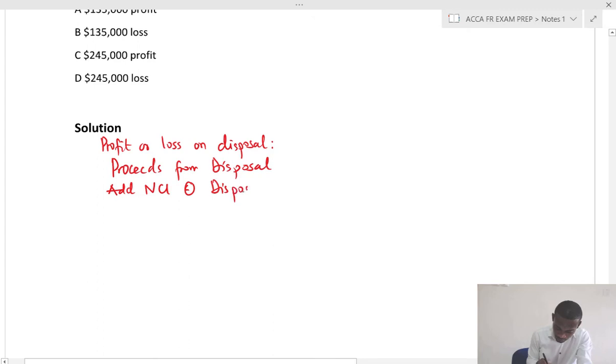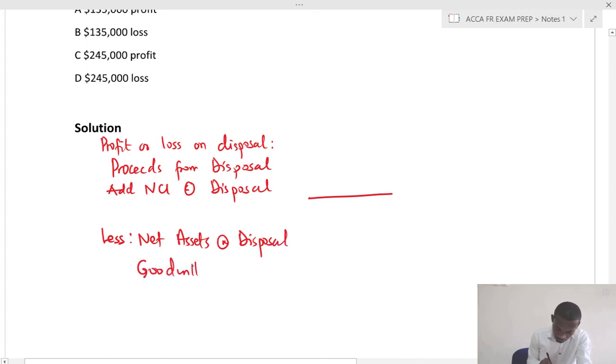Then the total of these, we say less net assets at disposal and also goodwill at disposal.